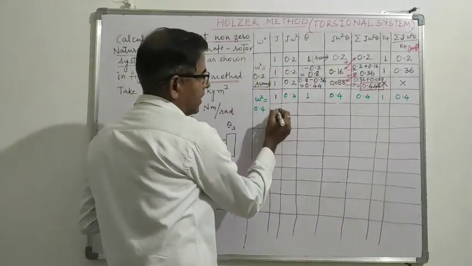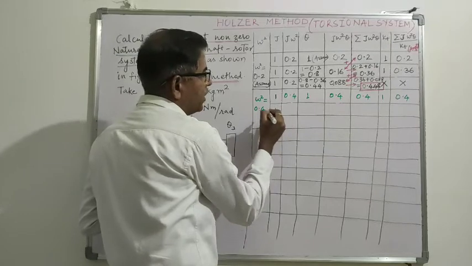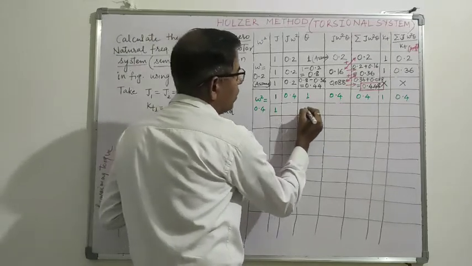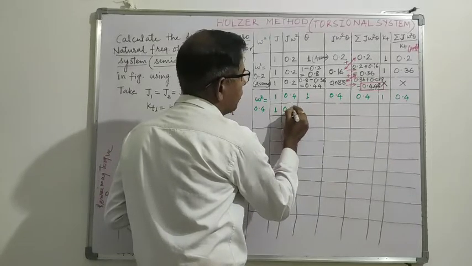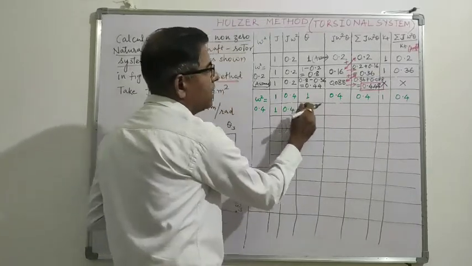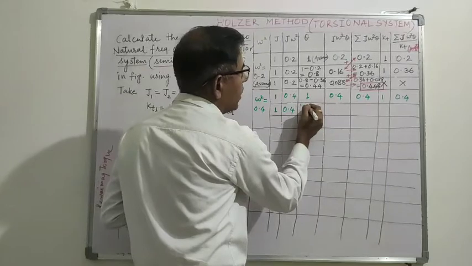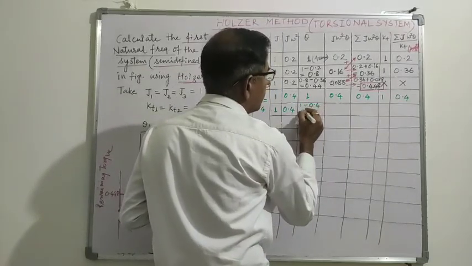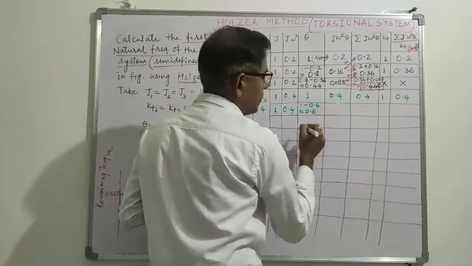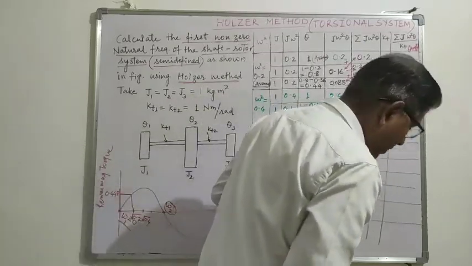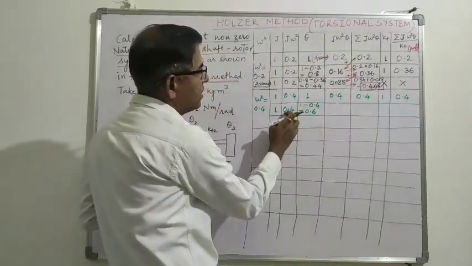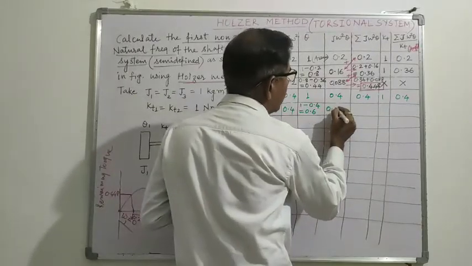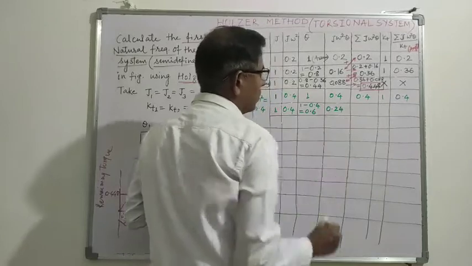Now in the second row, the value of J2 is 1, so this into 0.4 is 0.4. Now here theta is 1 minus this angle 0.4, so that is equal to 0.6. Okay. Now this 0.6 into 0.4, so the answer is 0.24.